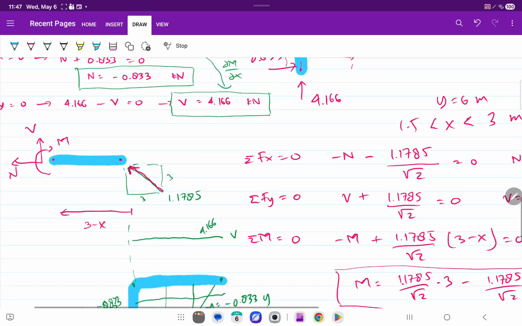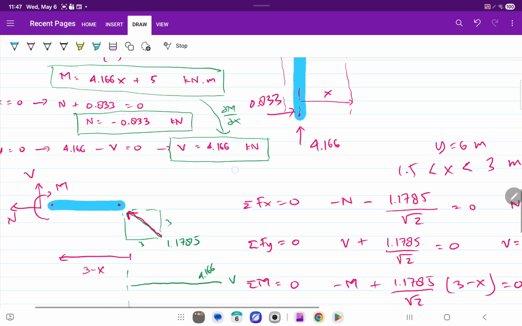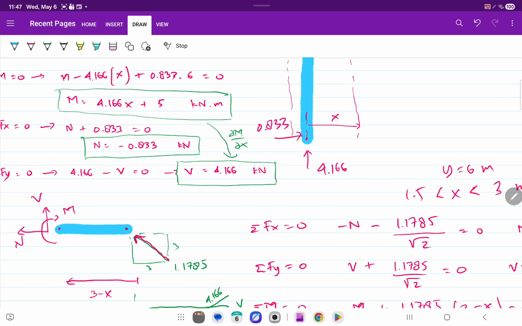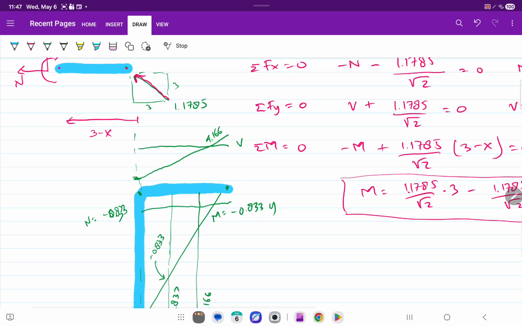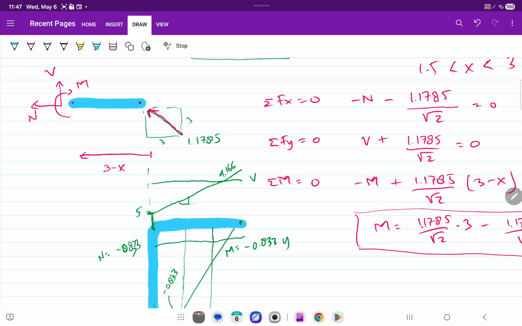And then your M from here, so it's something like this. Yeah, so there is an initial value. If you put x0, it will be 5, so there's a value of 5, and then the slope is 4.166.